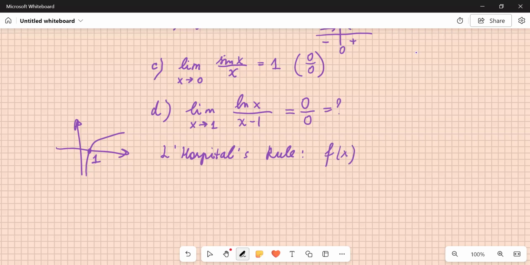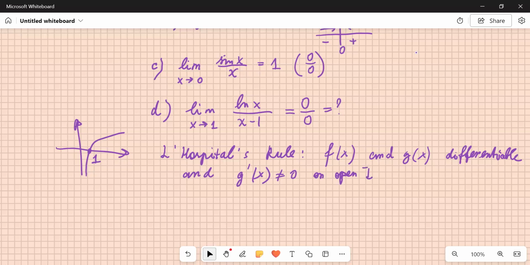So L'Hopital's rule. Consider two functions, f of x and g of x, differentiable, and the derivative of the bottom is not equal to 0 on an open interval I that contains x equals a, excluding possibly point a itself.